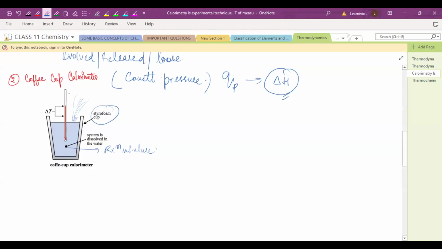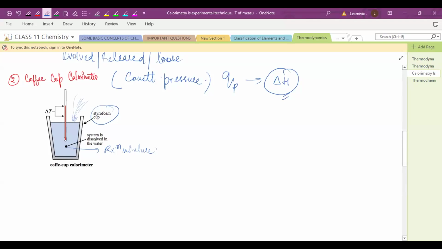This thermometer will tell us how much heat is being evolved or absorbed. If heat is being released, the change will be negative, and if heat is being absorbed, the change will be positive.